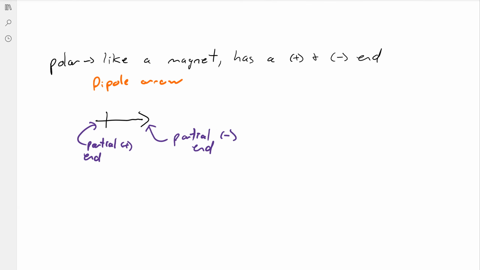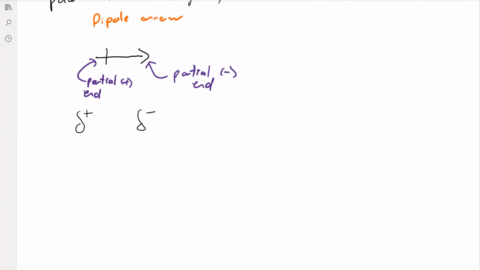Another way to symbolize these is these little delta symbols. So you might see delta positive and delta minus, right? That means a partial positive or a partial negative charge. And then if we think about the way two polar molecules or two dipoles would interact with one another, they do it to maximize the electrostatic interaction.